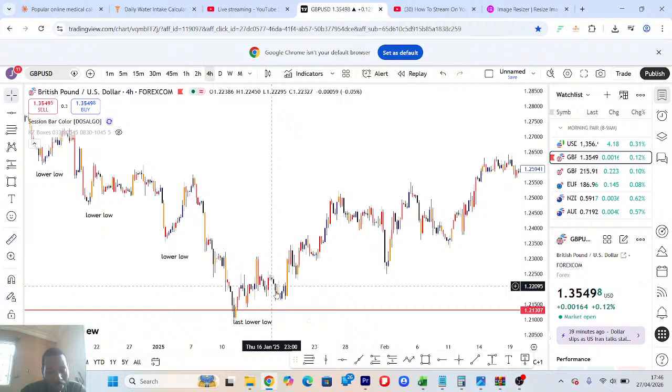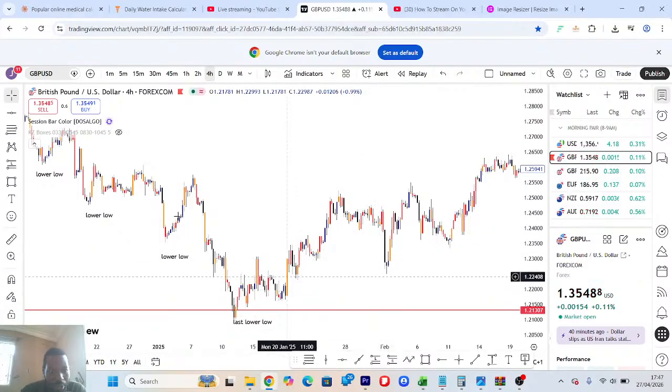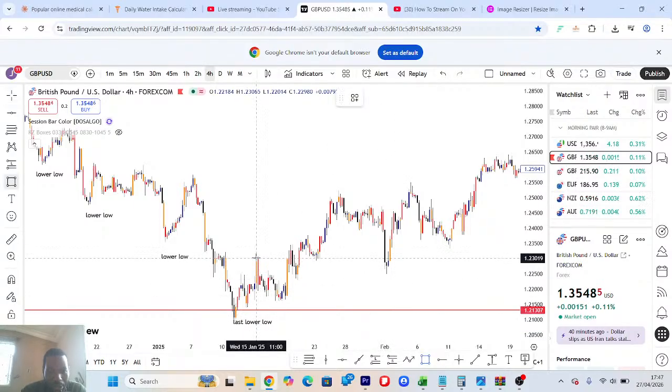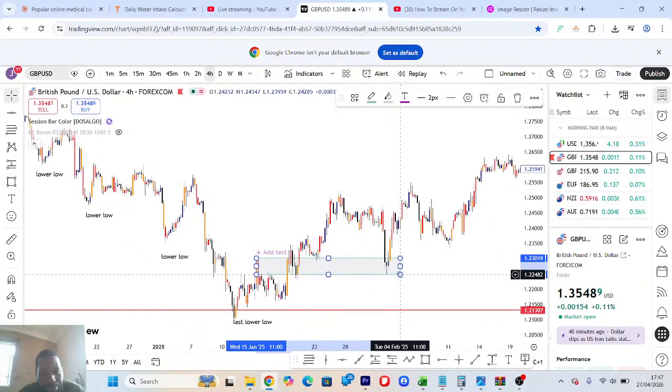What you do, you wait for it to break this place. So when market finally broke this level, because any lower low that is being created, it goes down, right? So when it finally broke this level, that is the level that you wait for market to actually come back to.